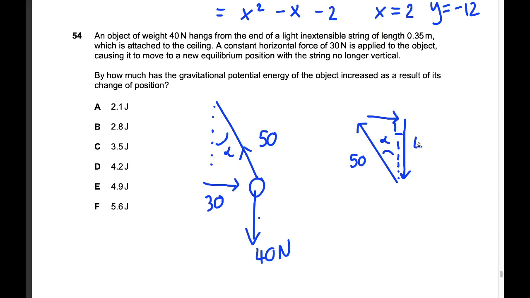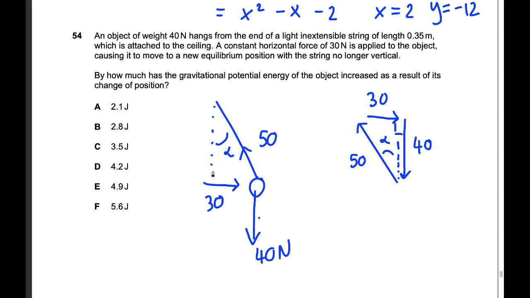If we want to know this angle alpha, it's quite easy to work out, but we don't really need to work out the angle. We can use the definitions of sine and cosine, SOHCAHTOA.